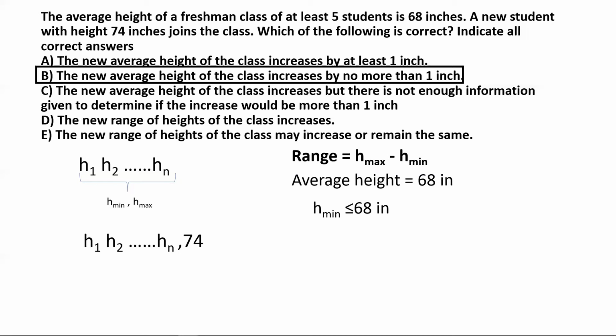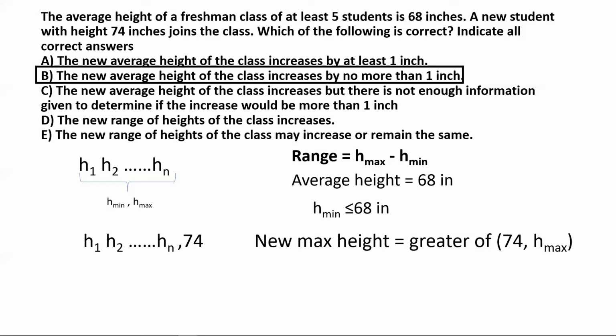But we don't know yet how the maximum height would be impacted, right? So the new maximum height depends on which is greater. Is 74 greater than Hmax or not? So Hmax was the previous maximum height of the class.